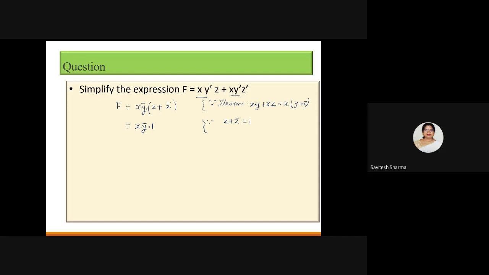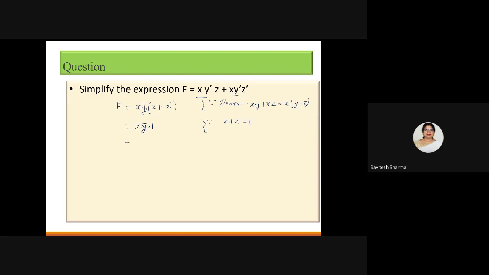You need to be very careful while explaining the simplification. So here I am replacing z plus z bar by 1. Why am I replacing? You need to write that here.